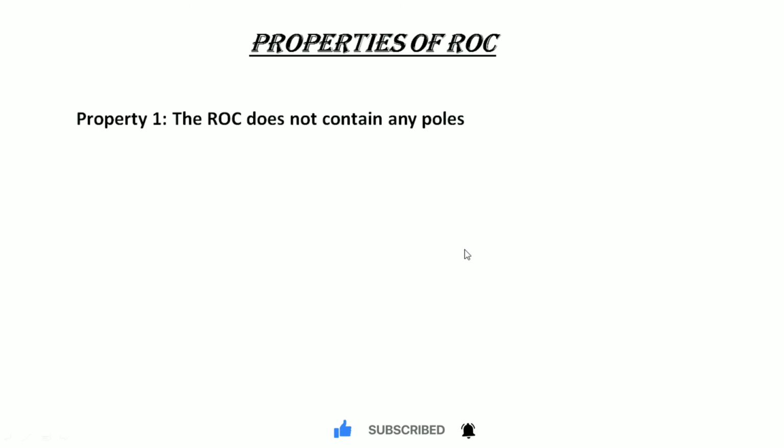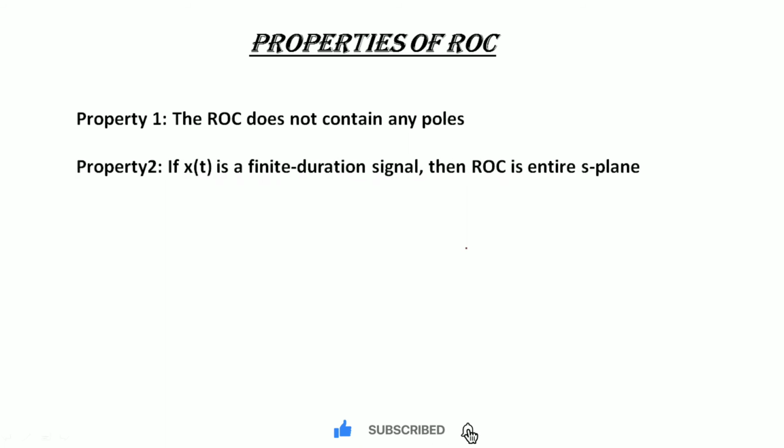We mention the pole with a dotted line and the rest of the things were included. So the first property you have to remember is that the ROC does not contain any pole. Moving towards the second property: if x of t is a finite duration signal, then the ROC is the entire plane.